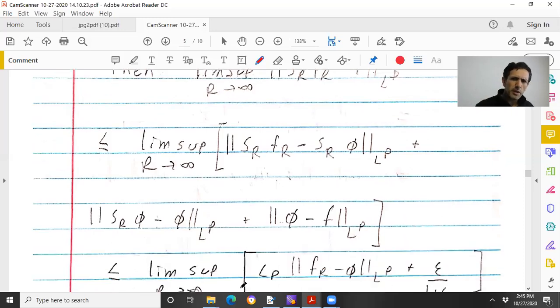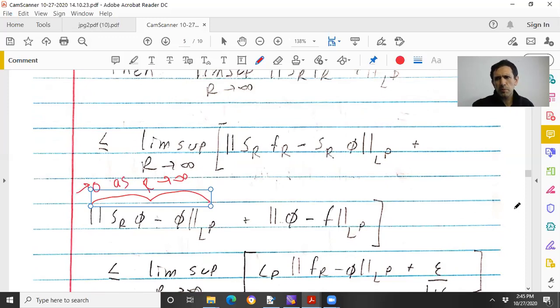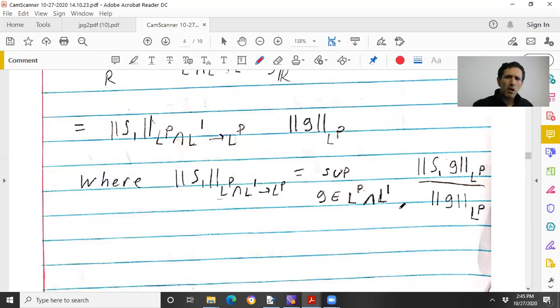Well, it's going to be a fairly straightforward homework that as r goes to infinity, this converges to 0, and this shouldn't be too surprising because remember what S_R is.